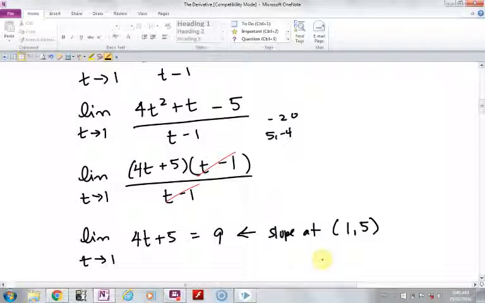So we're halfway to answering this question, because the question didn't ask me to find slope, although I did need to find slope to answer the question. What did the question ask me to find? The equation of the tangent line. So now all I've done is I found the slope of the tangent line. Now I know the point and the slope.